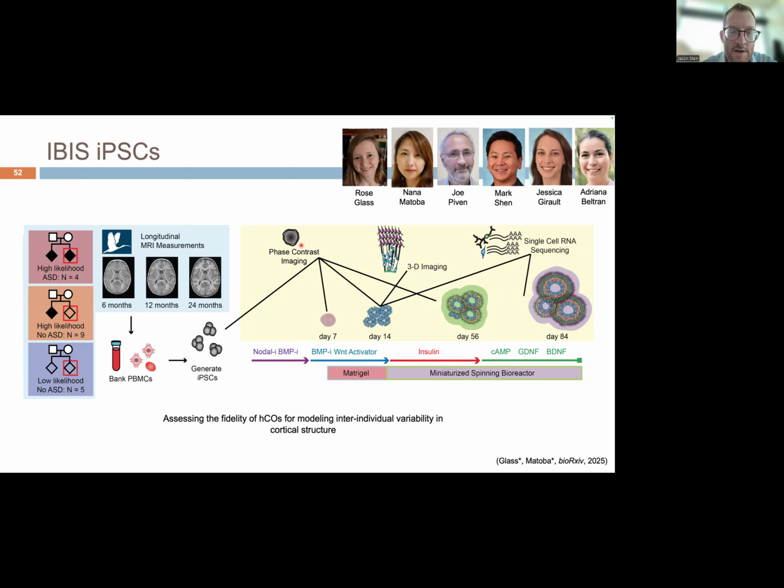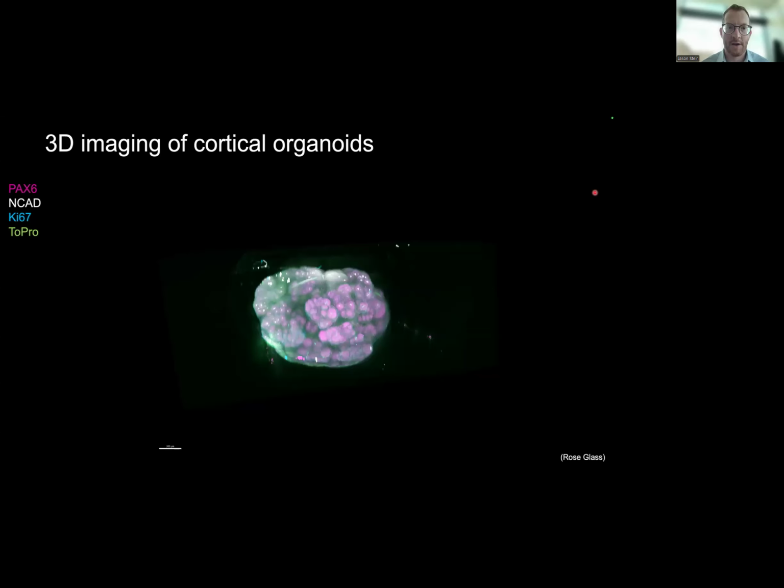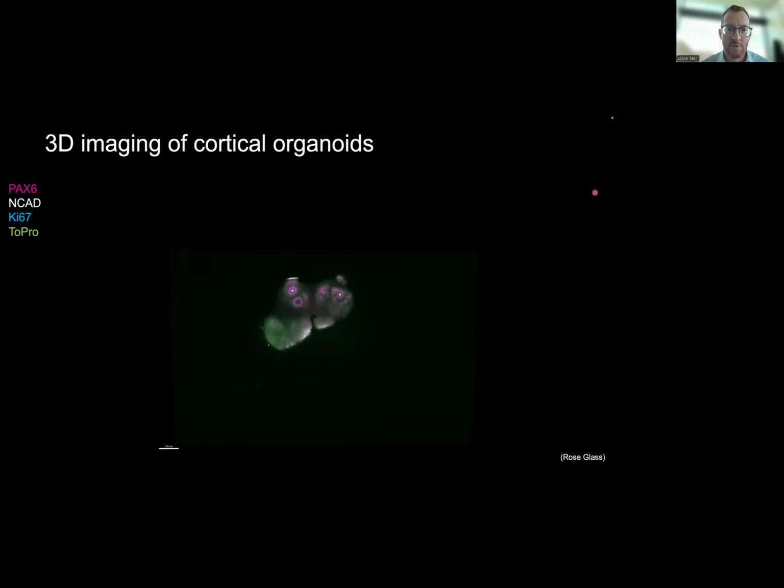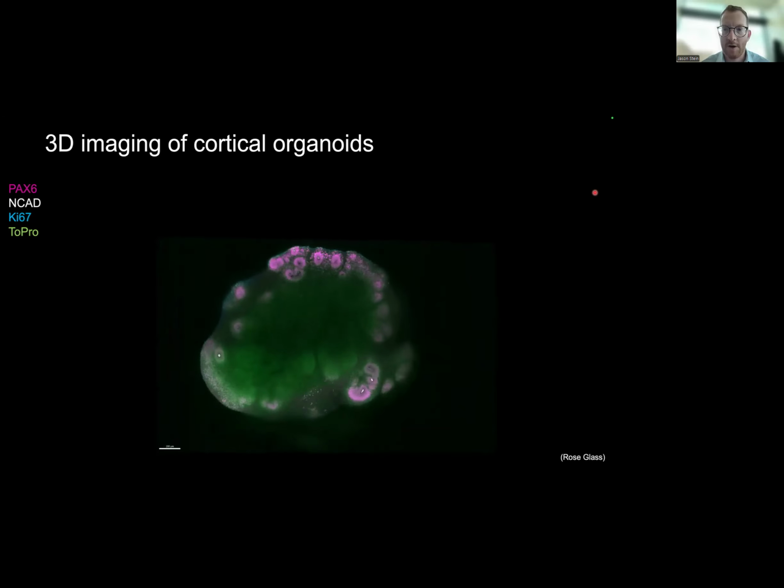We acquired different measurements of those organoids, including phase contrast imaging, 3D imaging through tissue clearing, and single-cell RNA sequencing. And this project was done together with Rose Glass and Nana Matoba in my lab, as well as the IBIS crew, Joe Piven, Mark Shen, Jessica Giroux, and a stem cell core here, Adrienne Beltran. So here's just an image of what our cortical organoids look like with lots of nice neuroepithelial buds.